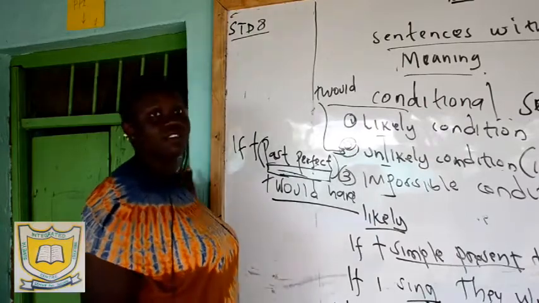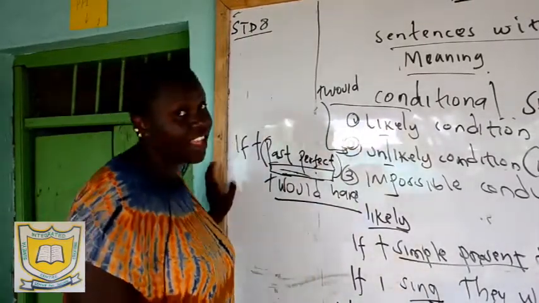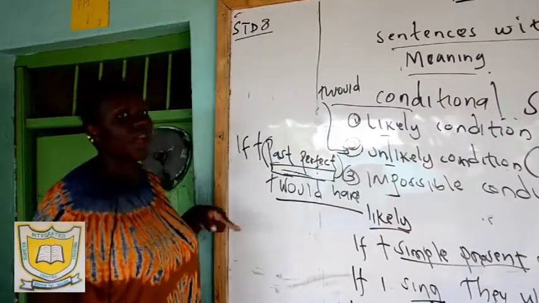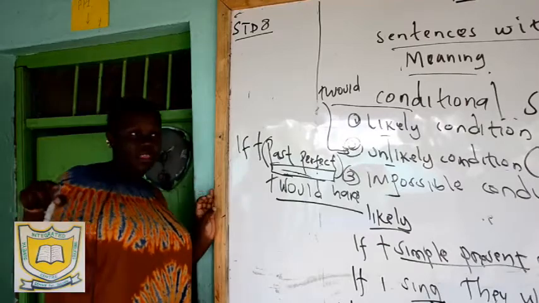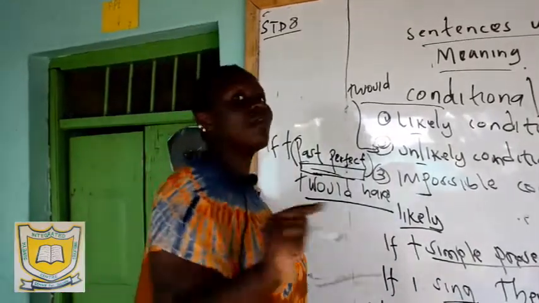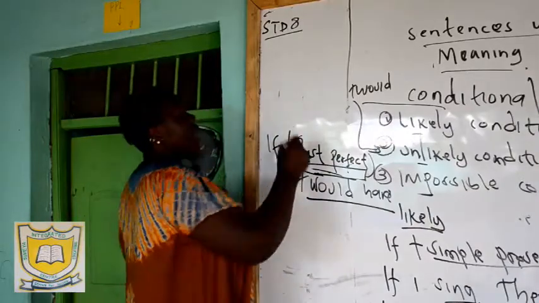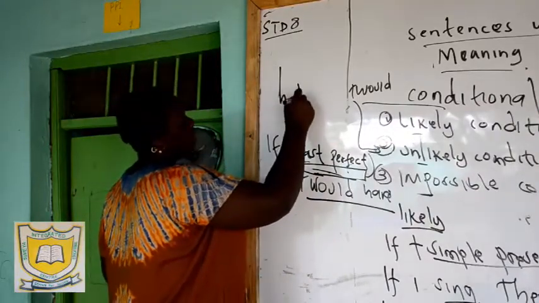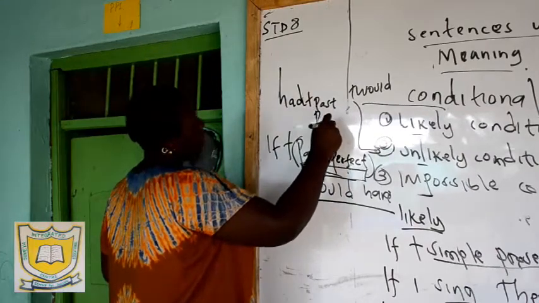Now, that brings us to the question, what is a past perfect? Or how do you form a past perfect? We have said tenses are each divided into 4 groups: the simple, the continuous, the perfect, and the perfect continuous. Now, a past perfect tense is simply had plus a past participle.